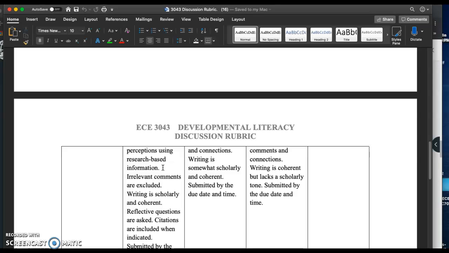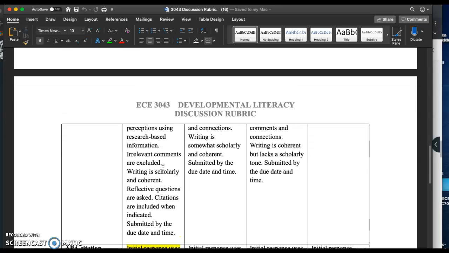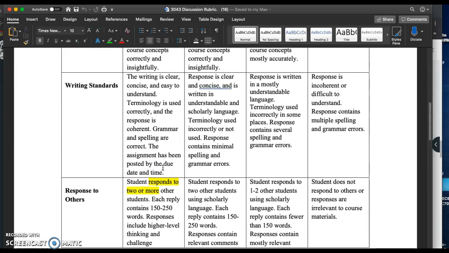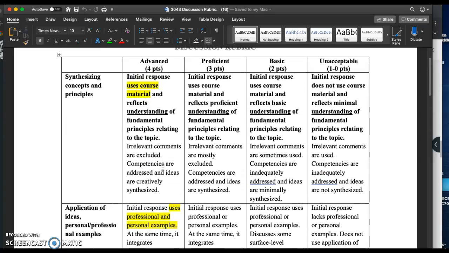Make sure that your citations are included if they're needed, using our course material, or that could even be citing the videos that are on Moodle for interactive writing. But make sure that you're using something from our course to gain the most points.